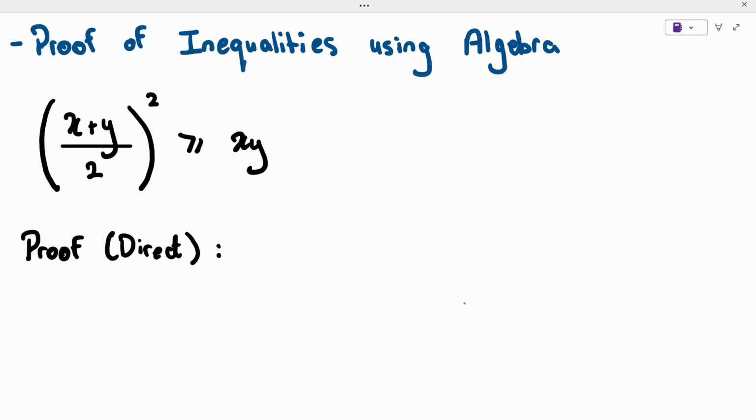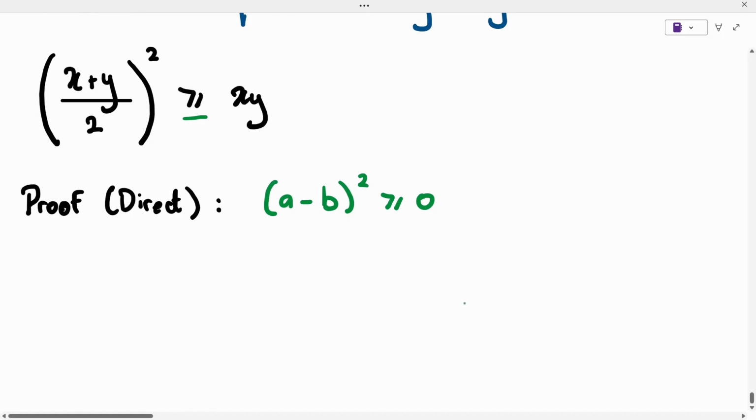So I just want to make a side note here for you all to see something. Because we're dealing with greater than or equal to, I'm going to take a statement that I know is always greater than or equal to 0. So you could consider this statement here, right? This is, of course, true because any number squared is greater than or equal to 0. So this thing here is non-negative.